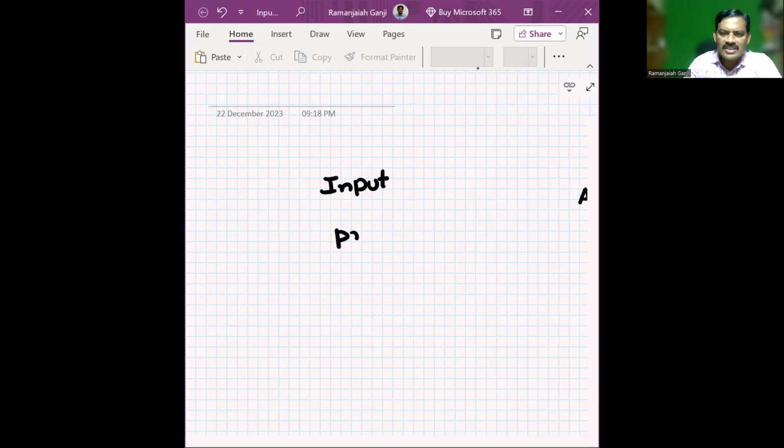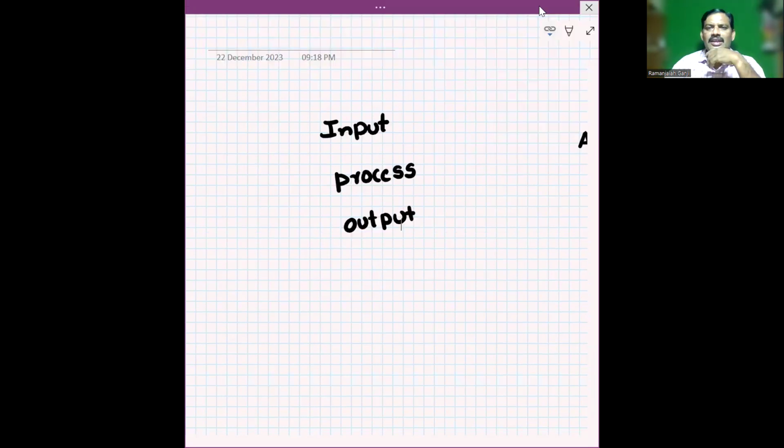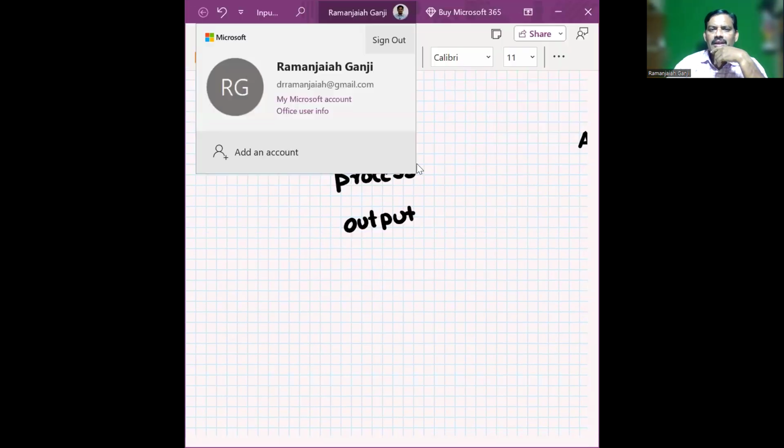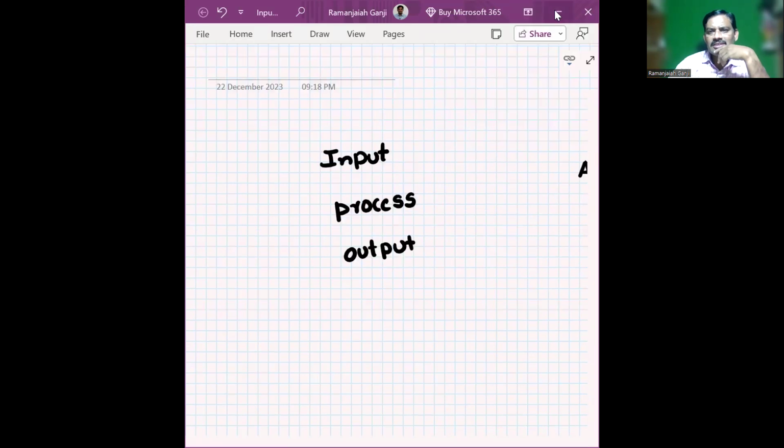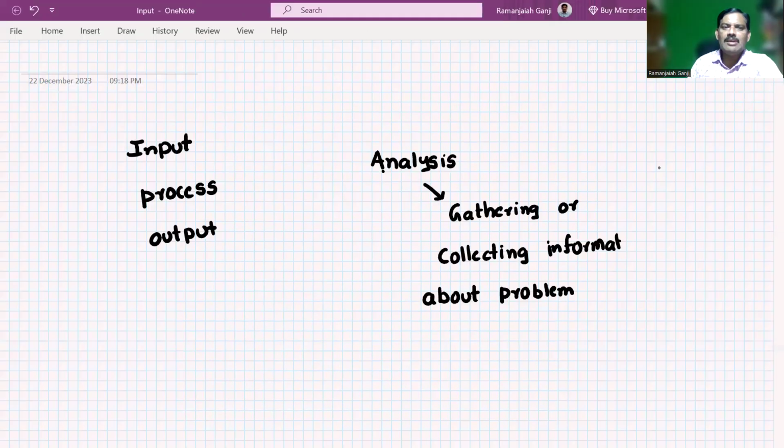What kind of process or formula you need to apply? What kind of output you are producing? There are three stages. Number one, analysis. Analysis is nothing but gathering of information, collecting of information about the problem.